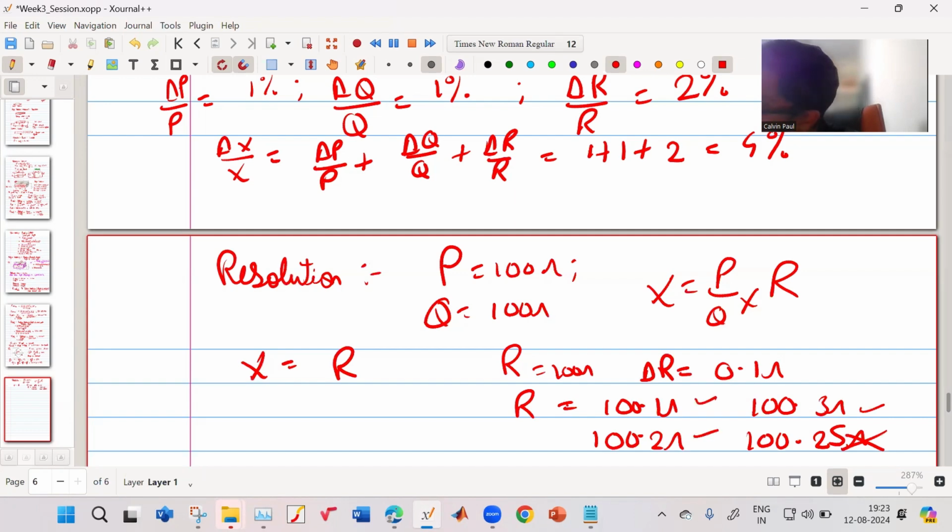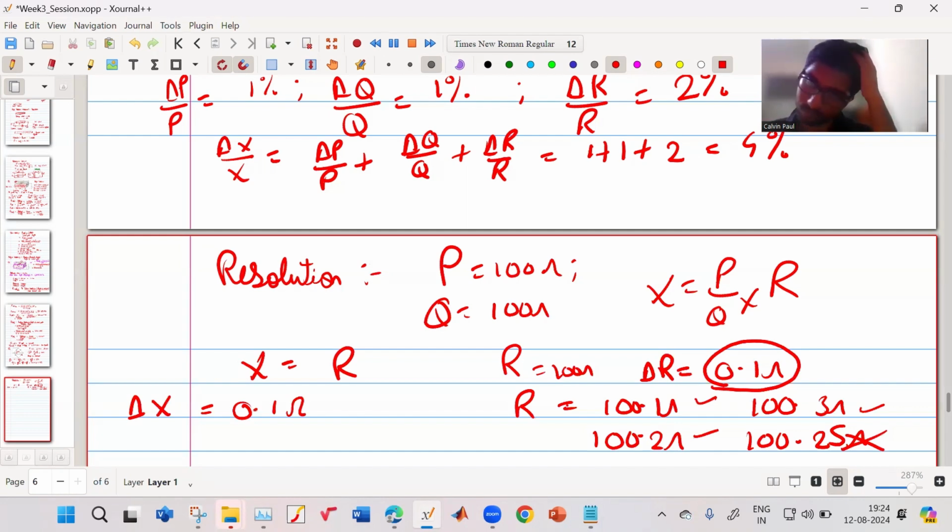So the step in which R can change is only 0.1 ohm, and if I can change R only in these small steps, then X also can be measured only in these small steps. So my resolution in measuring X is 0.1 ohm. Okay. Is there any doubt in this?